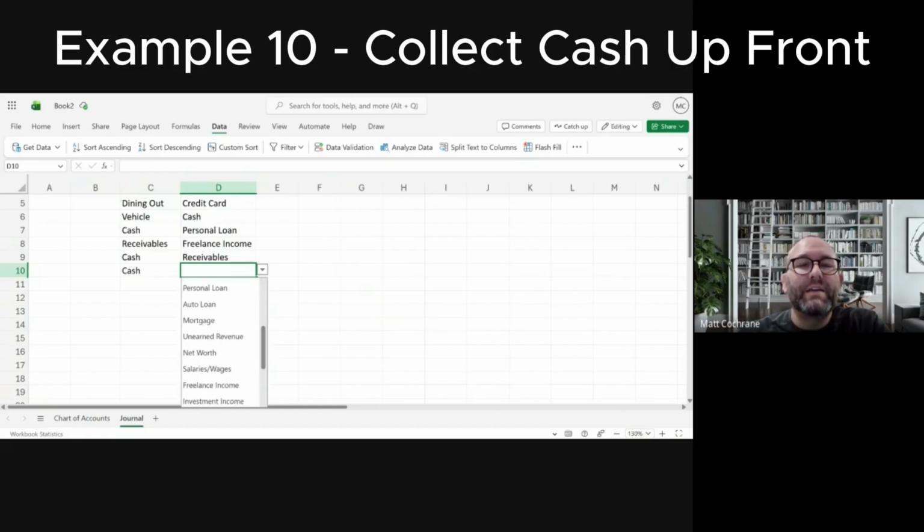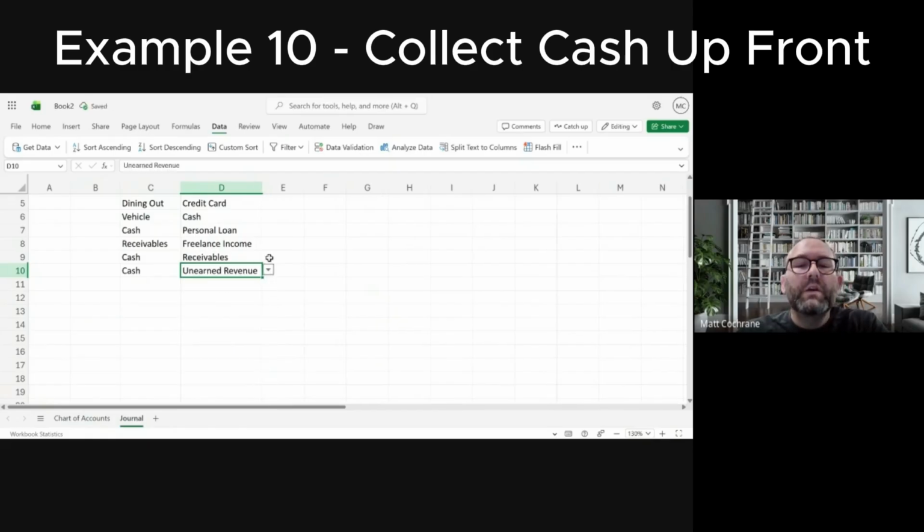Okay, so it updated because I inserted the row. So we check that. Now we've received the cash from the customer. We've put it aside where we've made note that we owe this customer. So anytime that we owe something, it's a liability. And we owe them this work.